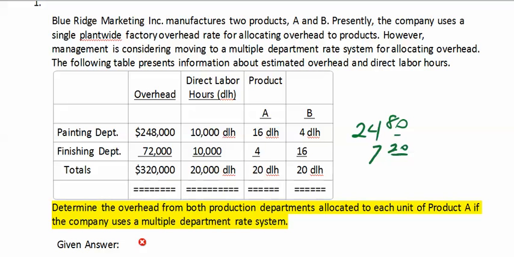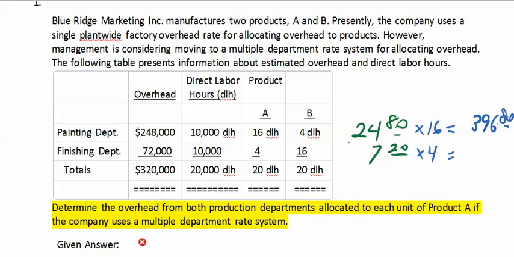$7.20 per hour. So now if product A is consuming 16 hours, my next step, I'm going to multiply this times 16. I'll multiply the $7.20 by 4. So I get 24.8 times 16, and that's $396.80.